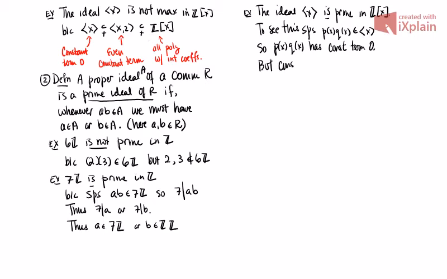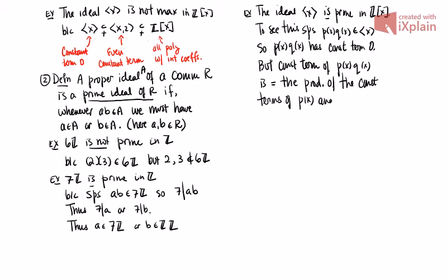Right, so the constant term of P of X, Q of X is equal to the product of the constant terms. So one of them must have constant term 0. At least one of them. That one will be in that ideal. Or both, if they both do.